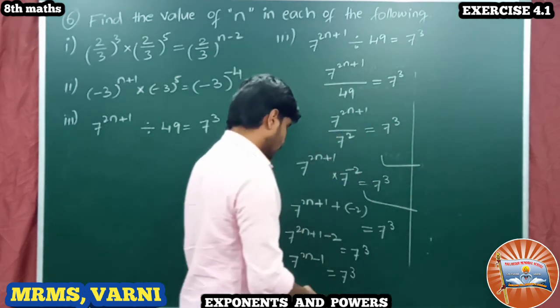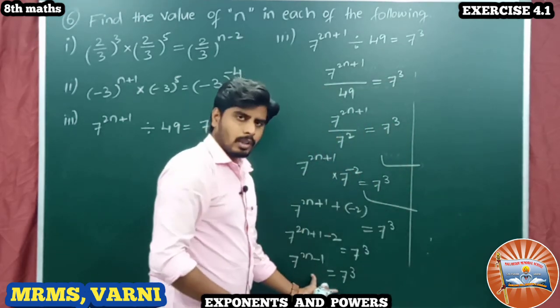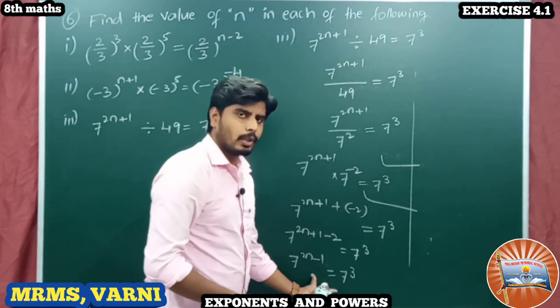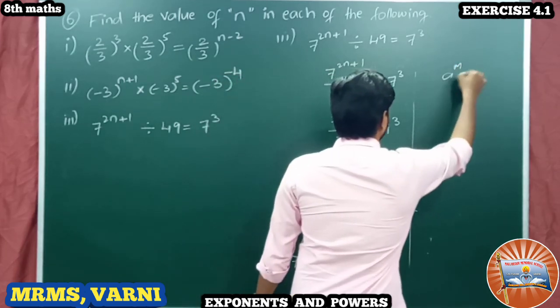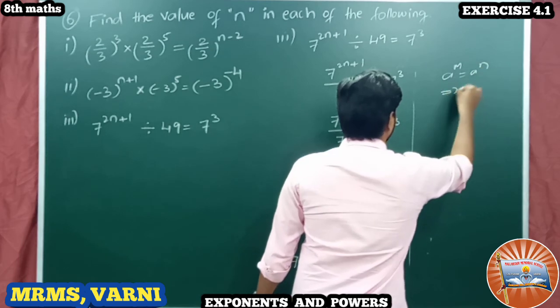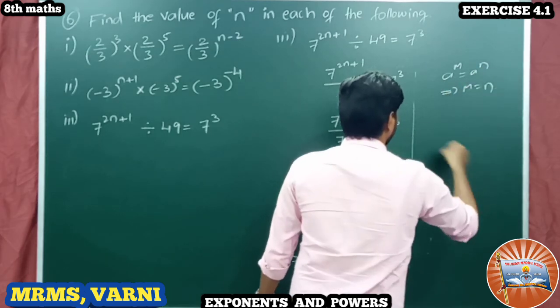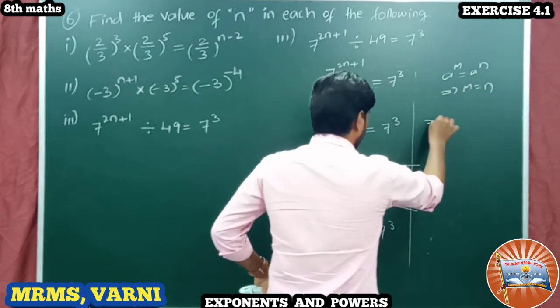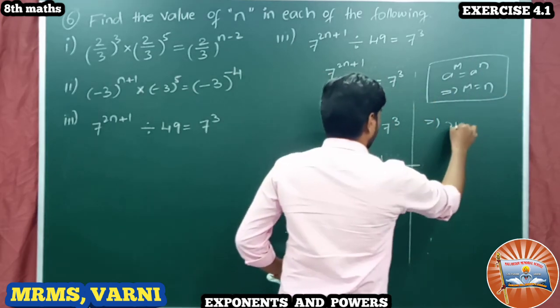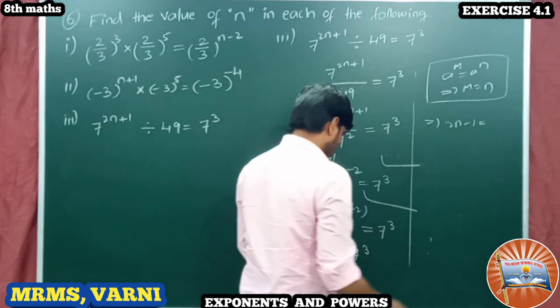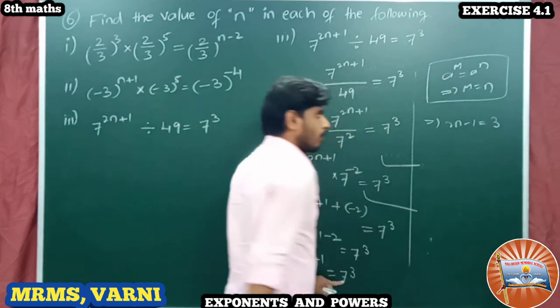Both the sides bases are the same, so we equate the exponents. Which formula is it? a power m is equal to a power n implies m equals n. With this formula it becomes 2n minus 1 is equal to 3.